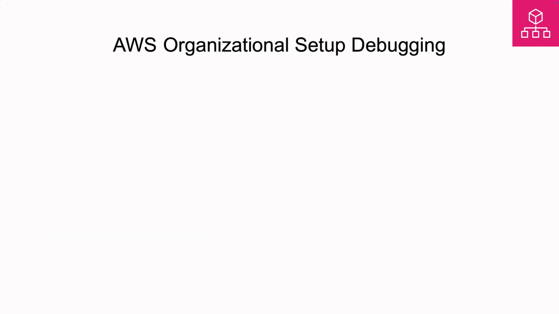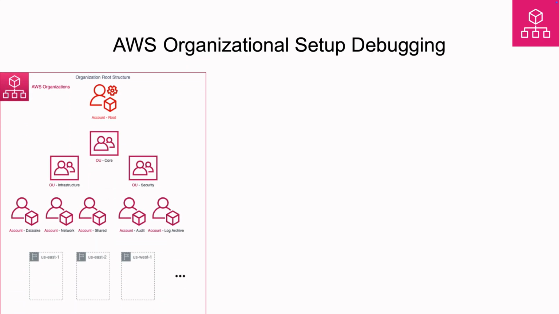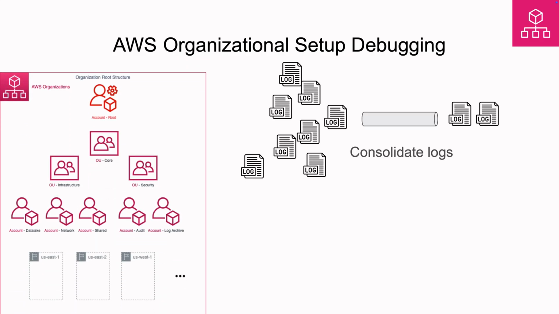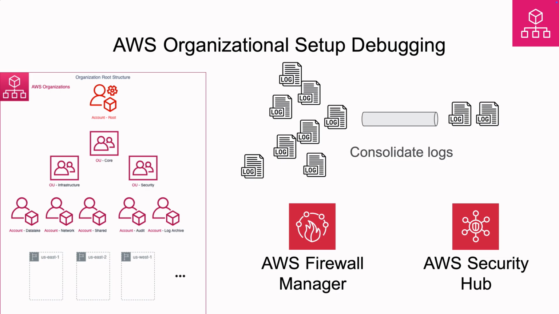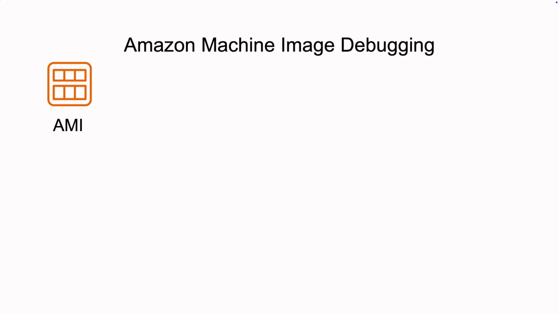Many questions also test knowledge of AWS organizational setup, including how to consolidate logs, centralize services, and integrate tools such as Security Hub and Firewall. Debugging scenarios often appear, especially around Amazon Machine Images.